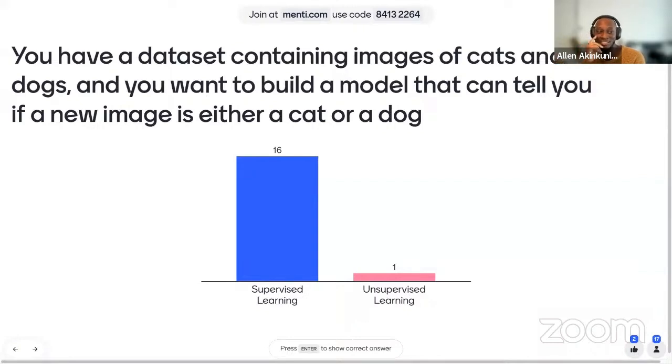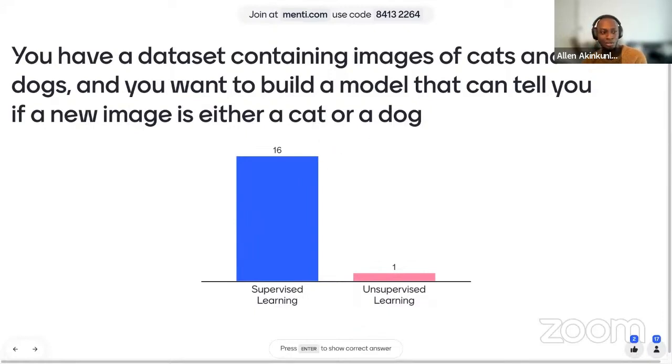So it's supervised learning, and honestly, even if you don't have the labels, you could infer and tag the images. You want to build a model that can tell you if a new image is either a cat or a dog. So the outcome of the model itself is whether it's a cat or a dog. That's a classification problem with two categories: cat, dog. So it's a supervised learning thing.